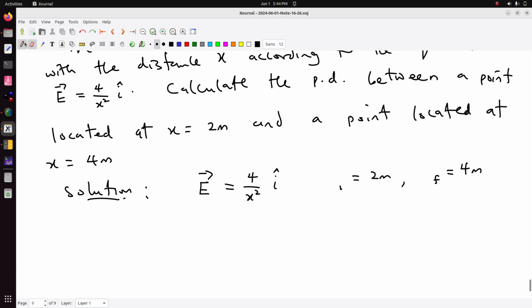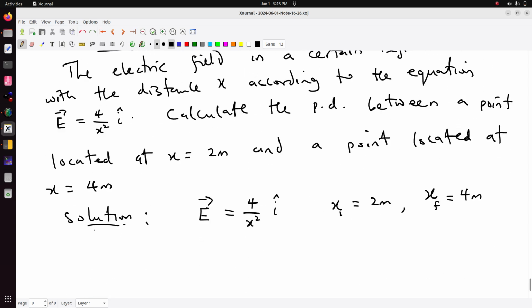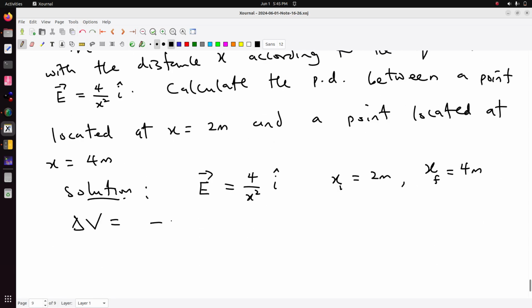Let me use x subscript i and x subscript f. Now, the potential difference, delta V, is minus integral, in this case from x1 to x2, of E dot dx.